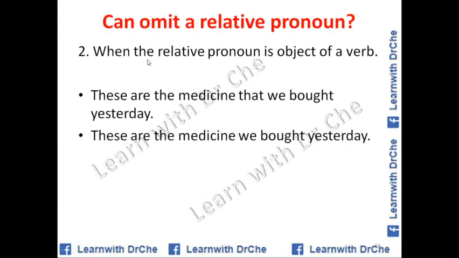The second time we can omit a pronoun is when the relative pronoun is the object of a verb. When the relative pronoun is the object of a verb, we can omit it. These are the medicine that we bought yesterday.